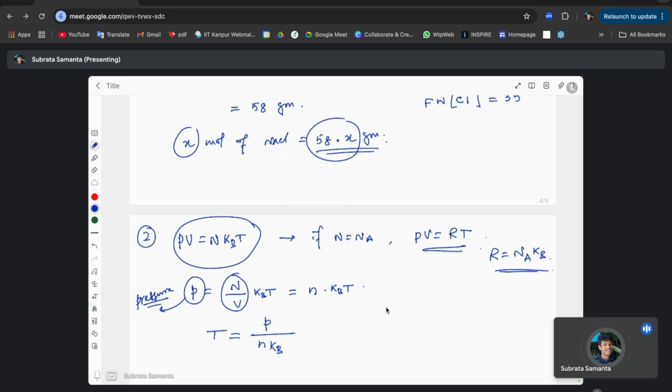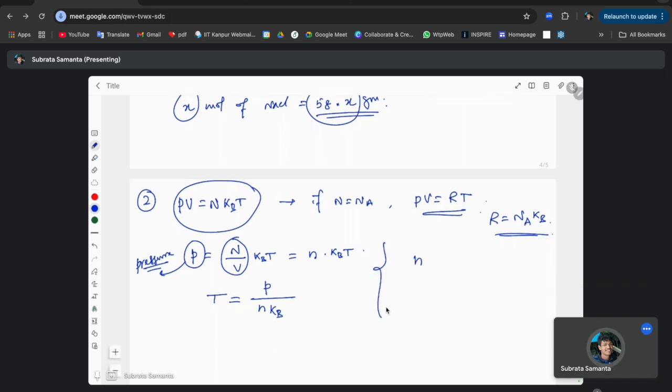Now if P is given, let's say in your problem n is given in SI unit, and the pressure P is given, again in the SI unit.